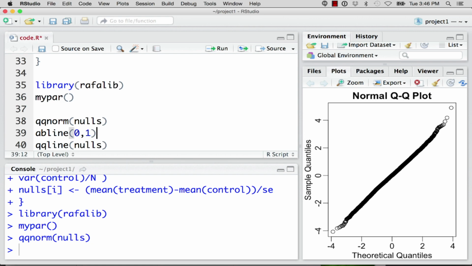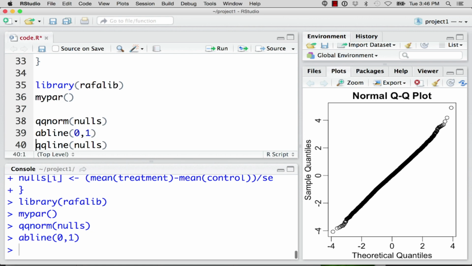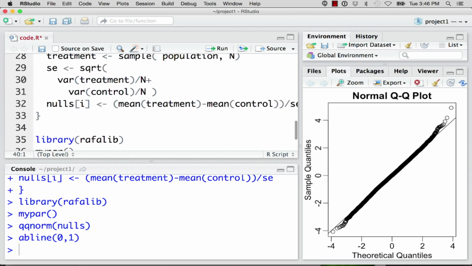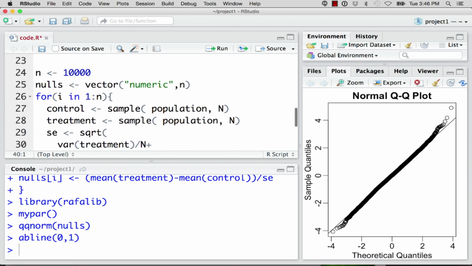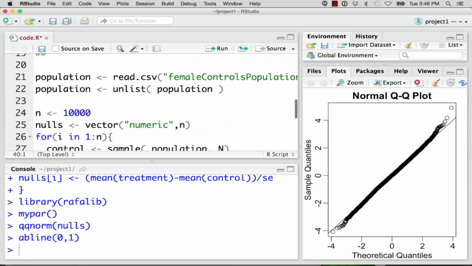That means make a line with intercept 0 and slope 1, and it should go right through the data, and it's pretty close, telling us that the central limit theorem here is in fact giving us a pretty good approximation. So the p-value we obtained is a good approximation of the actual p-value.